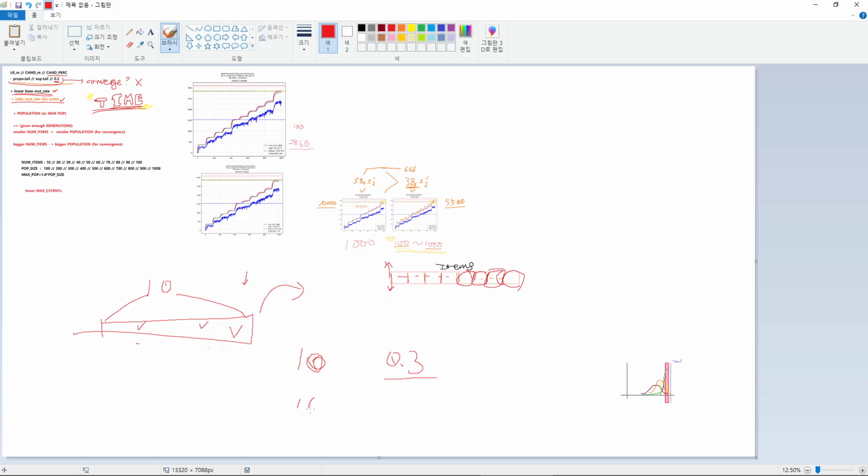The second one was 10 and then 0.9, or 90%, and then the third setting was 20 last head values and then 0.6, so 60% of them, so that's 12 values, and that's 9 values, and this is 3 values out of 10.